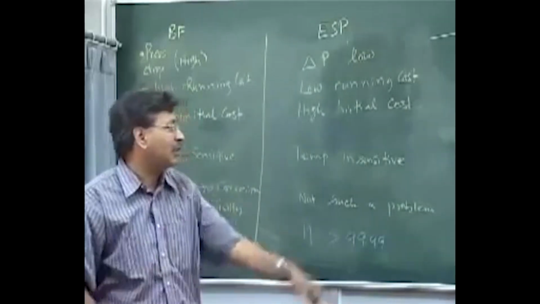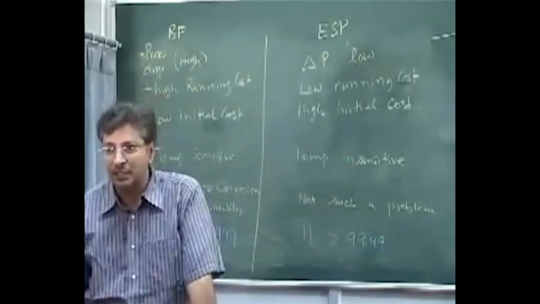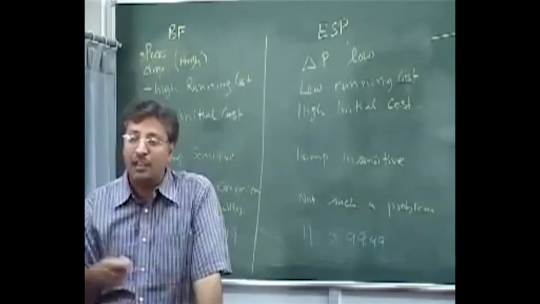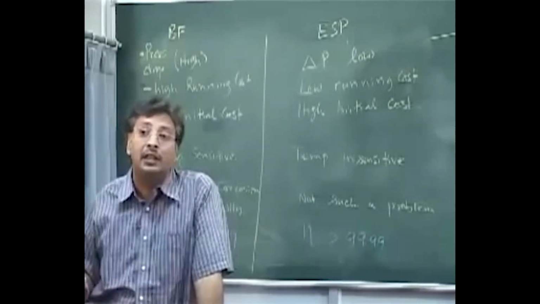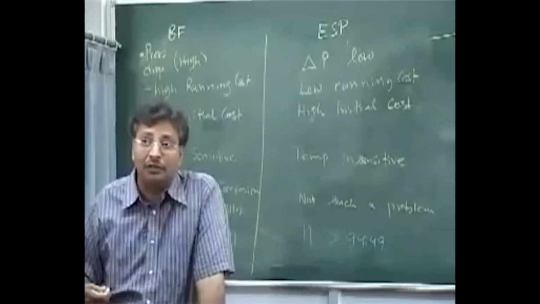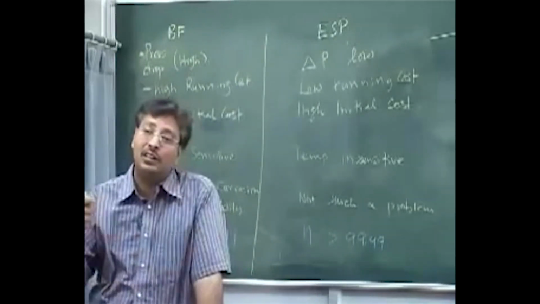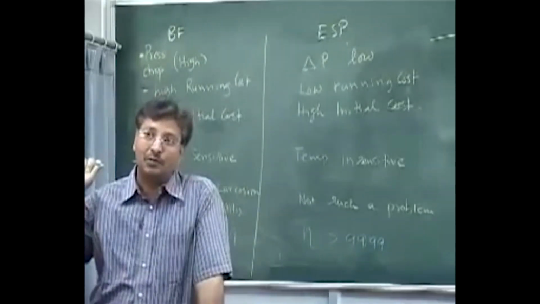The fabric filter will have a life of 1 year, 2 years, 3 years, and you have to always maintain the inventory so you can quickly replace the bag, whereas with the ESP, you make it and forget about it.